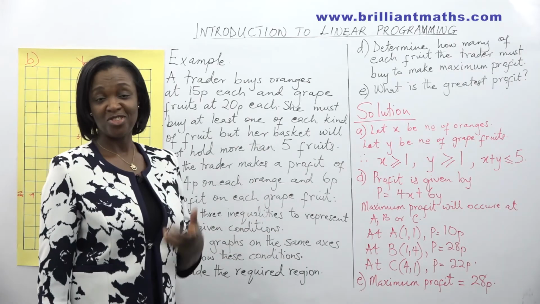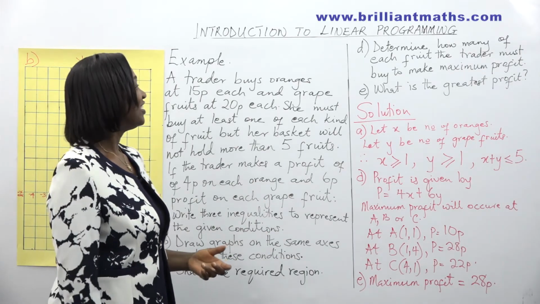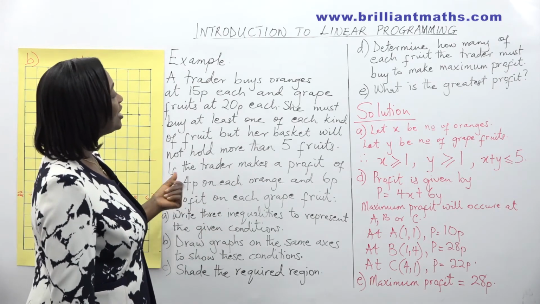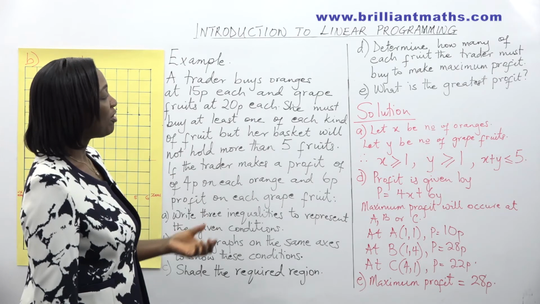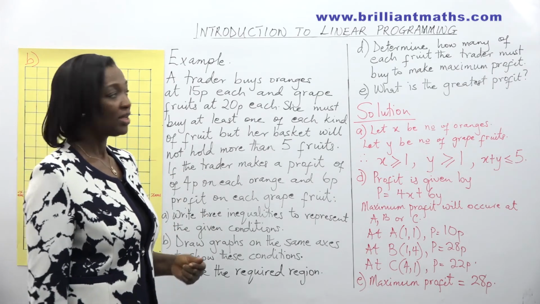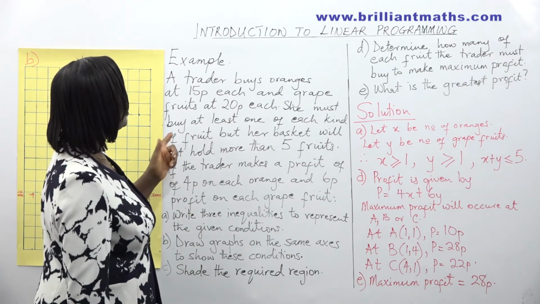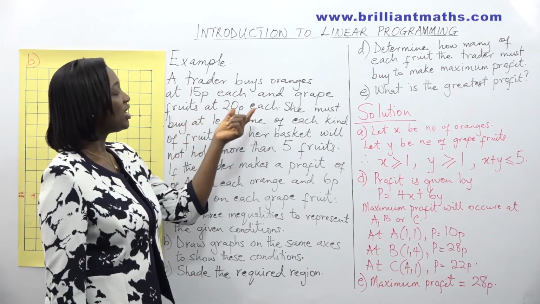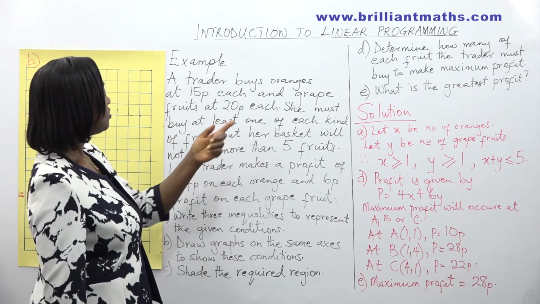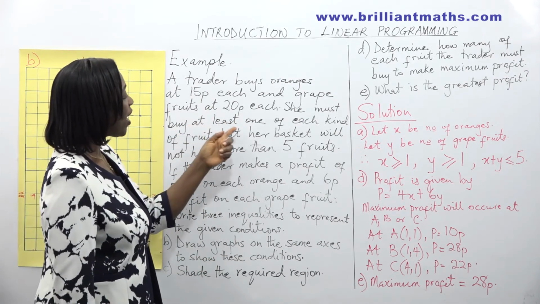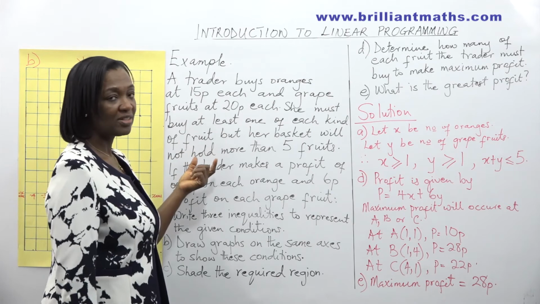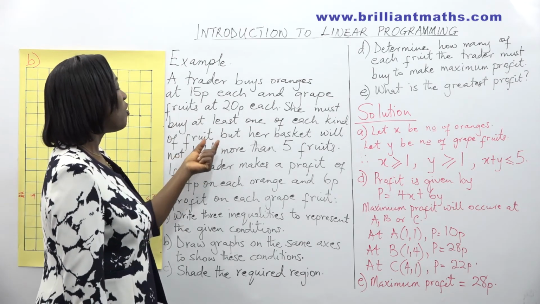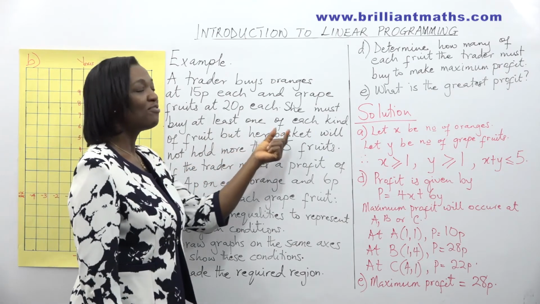Let's look at this interesting example. This is linear programming now, because we're going to use this to find the maximum profit a trader would make. A trader buys oranges at 15p each and grapefruits at 20p each. She must buy at least one of each kind of fruit, but her basket will not hold more than 5 fruits.